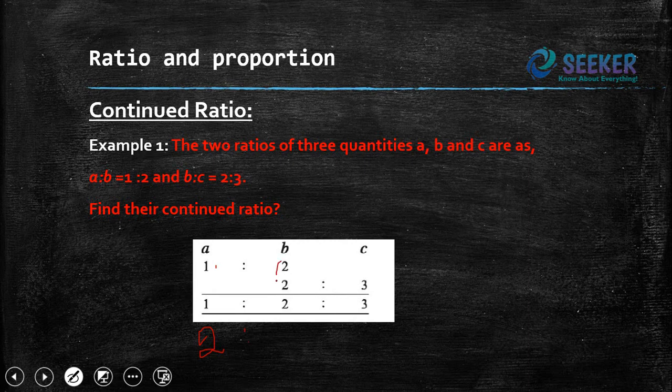Now 2 into 2, here we got 4, and at last 2 into 3, here we get 6. Now divide all these terms by 2. We will get 2 ones are 2, 2 twos are 4, and 2 threes are 6. So our answer is 1, 2 and 3.